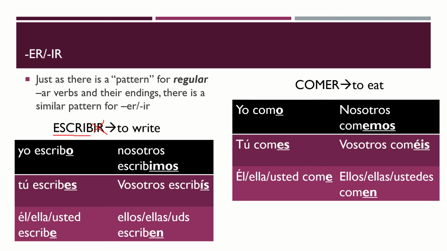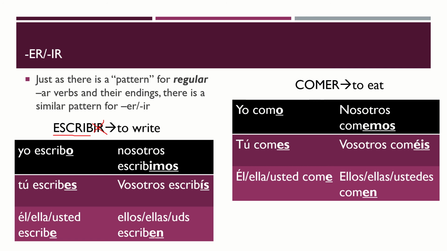So that would be our conjugation for the verb escribir. Okay, so following the exact same process that we already talked about for AR verbs, and then just applying our IR endings.